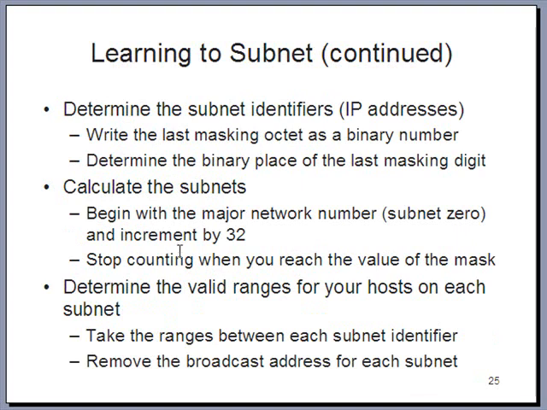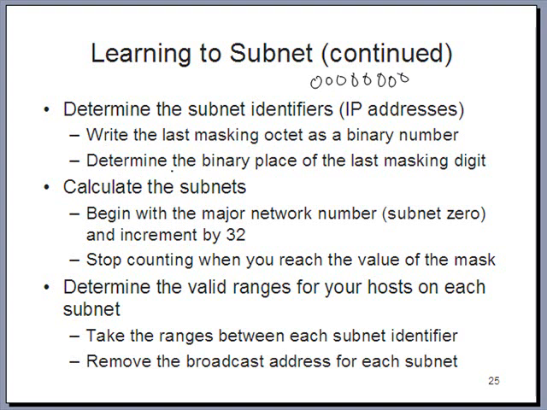So now we want to determine the calculations here for the identifiers. It says write the last masking octet as a binary number. So that's going to be the 8 zeros at the end that we just looked at before. And it says determine the binary place of the last masking digit.